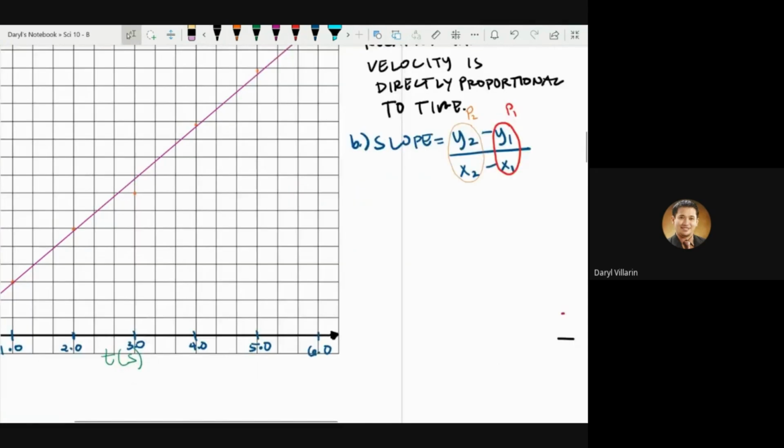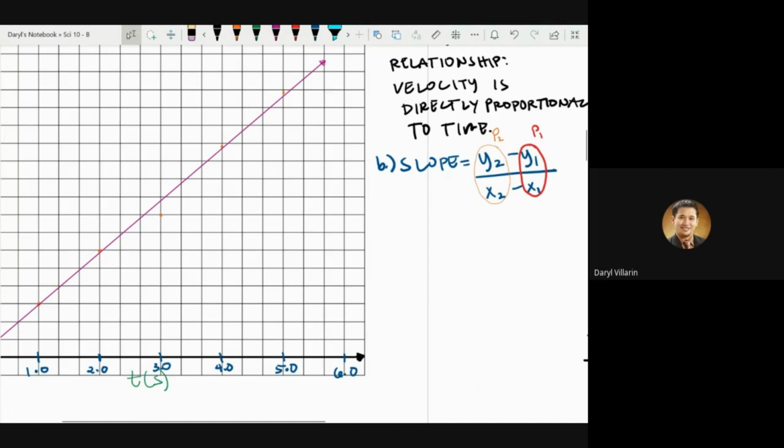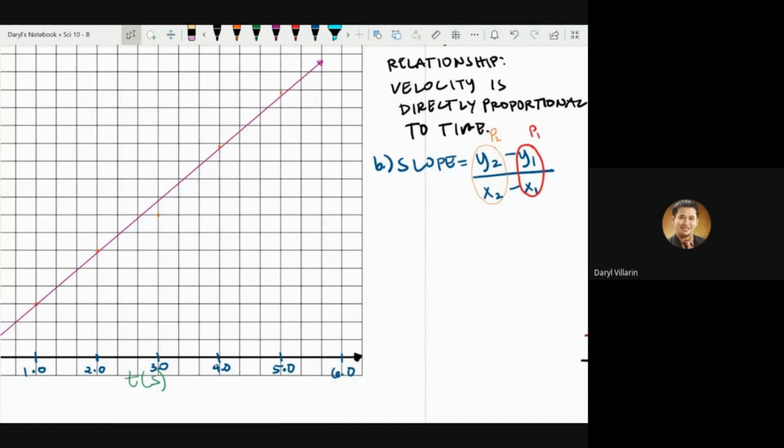Remember that in a linear graph, there's only one slope, and it is a constant value for that particular line. Because the equation of a line is given by mx plus b, and that m is a constant value called the slope.